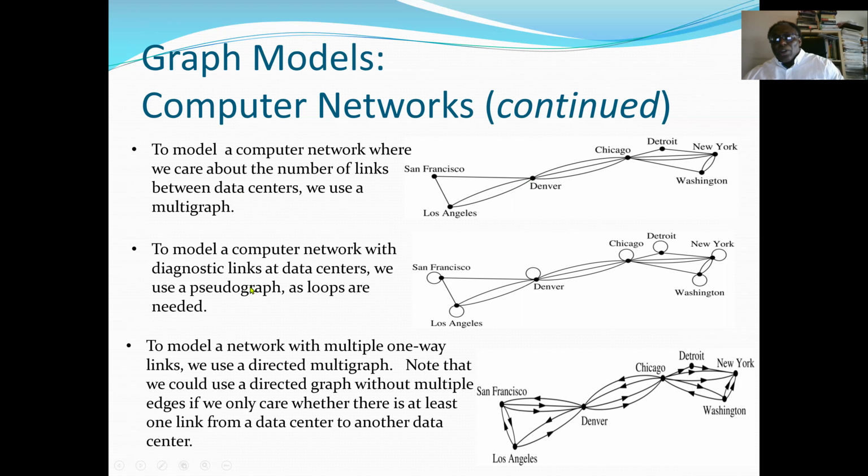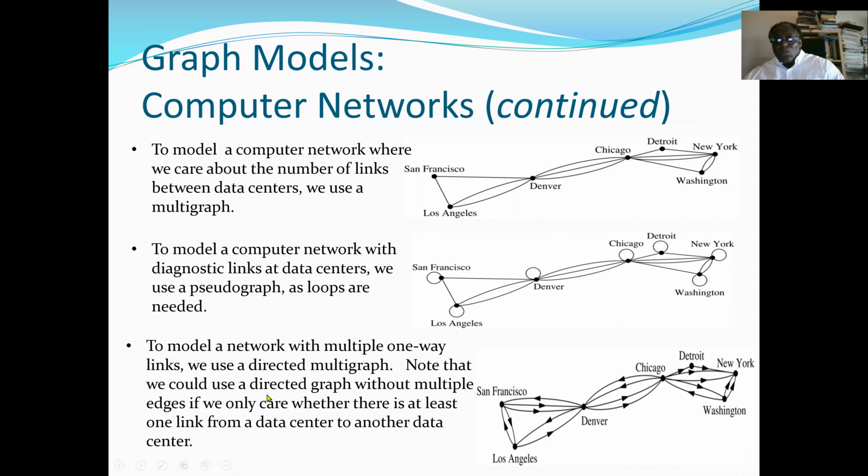Now, to model a computer network with diagnostic links at a data center, we can use the pseudograph, as loops are connected. We can see that in each city, or each data center, we have loops connected. So it becomes a pseudograph.